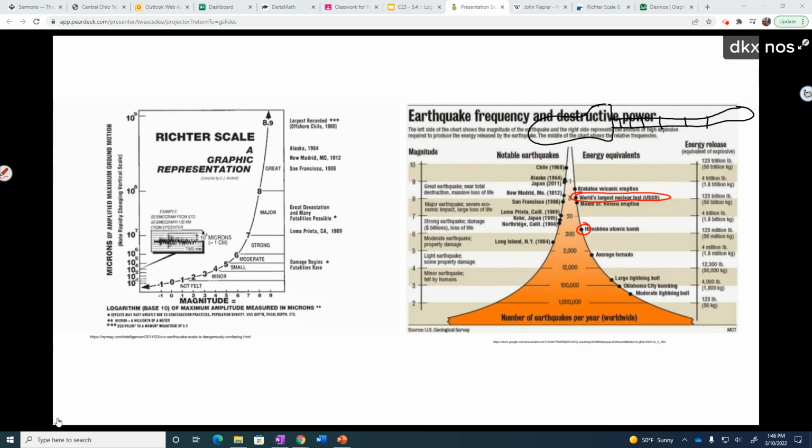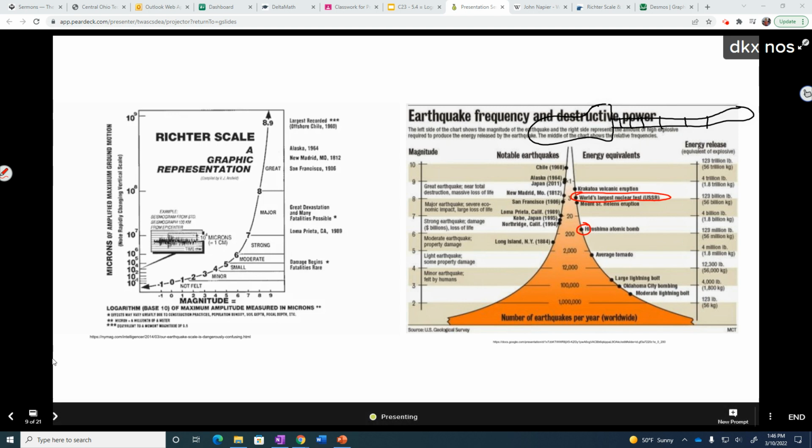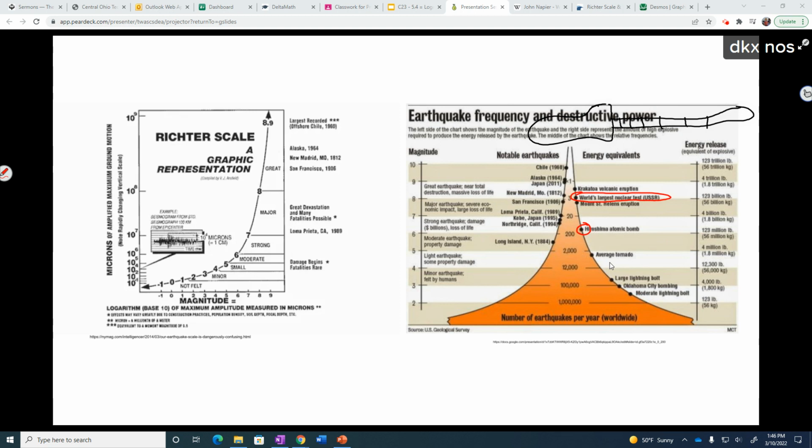It turns out there are earthquakes that are even more powerful than that. We've had 4 of them that we measured: one in Missouri in 1812, one in Japan, one in Alaska, one in Chile as well. So earthquakes can be super powerful, and they grow exponentially as you go up. You can see 2 would only be 123 pounds of explosive.